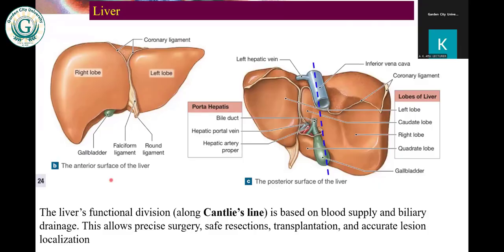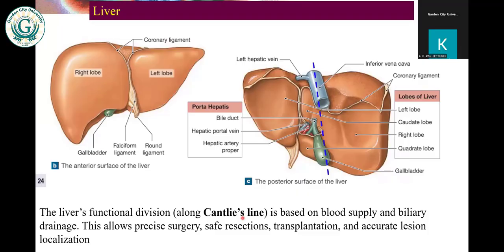Now, clinically, they don't use the falciform ligament to divide the liver into right lobe and left lobe. They actually use an imaginary line passing through the IVC and the gallbladder. They call it the Cantlie line. That one is very, very important because this division is based on the blood supply and the biliary drainage.